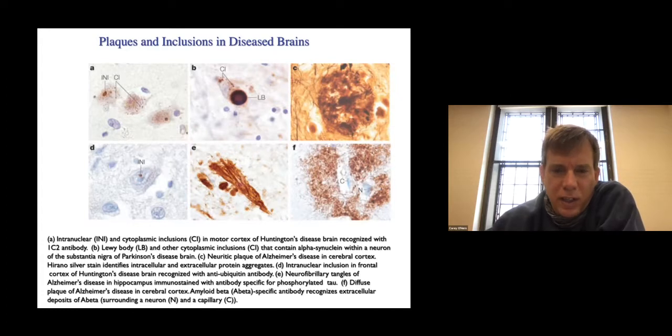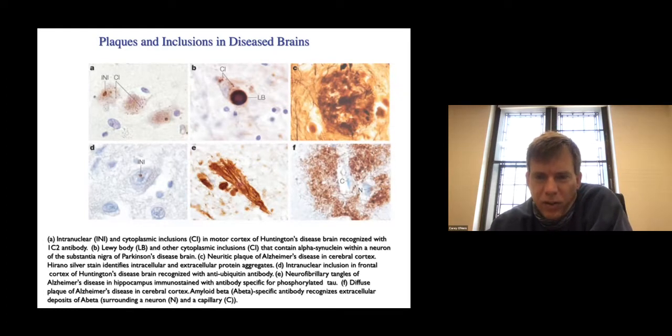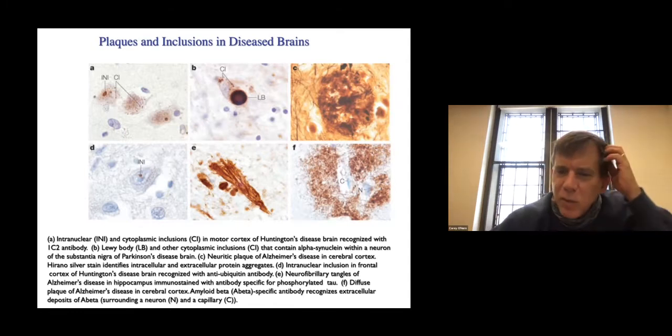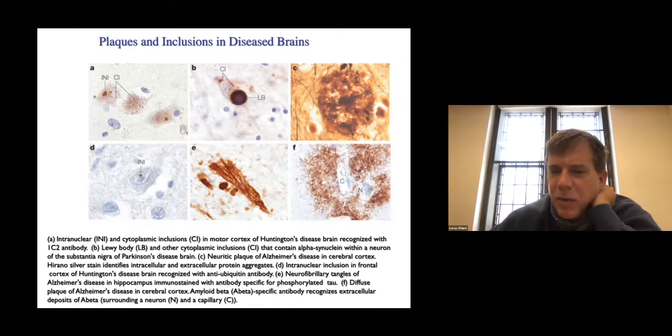So, for example, in panel B, there are these Lewy body inclusions, which are sort of disordered aggregates. And they contain alpha-synuclein, which is a type of protein that we're going to talk about that has a tendency to form intrinsically disordered structures.